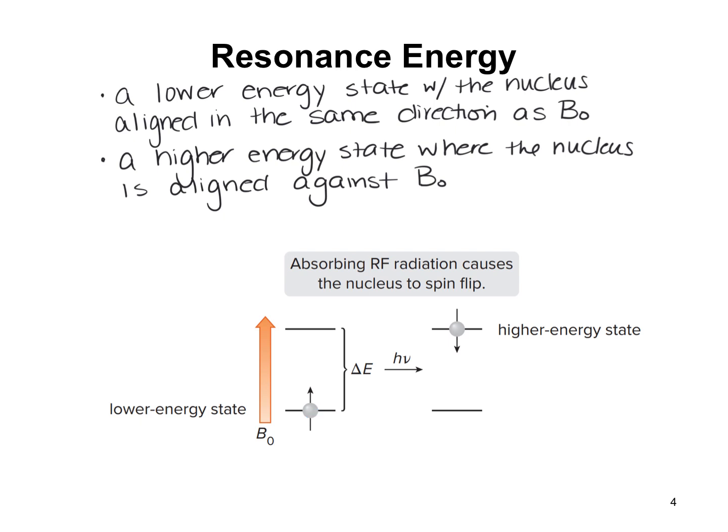And it goes from being aligned with the magnetic field to now being in the higher energy state, aligned against the magnetic field, okay? The difference between these two nuclear spins corresponds to that low radio frequency region of the electromagnetic spectrum, okay?